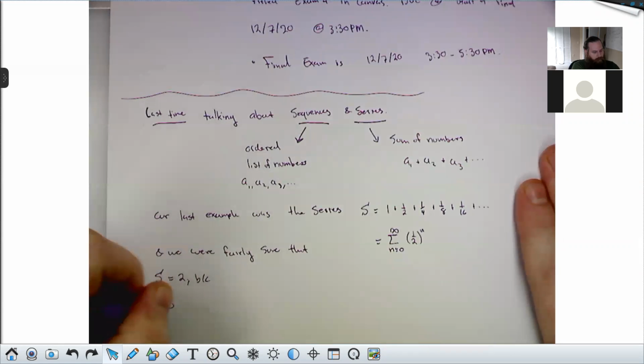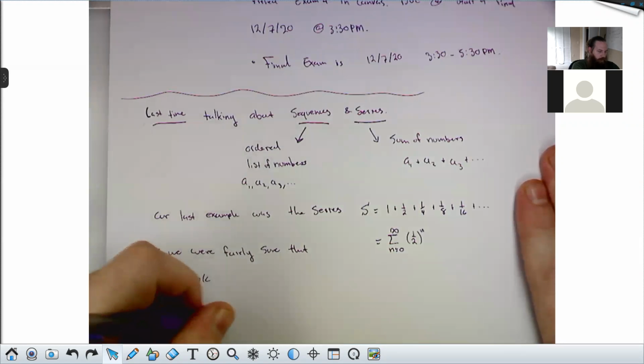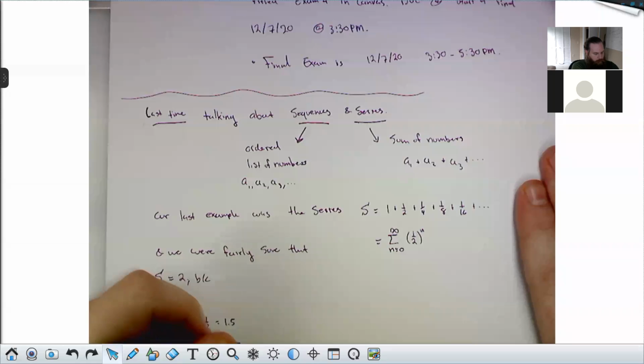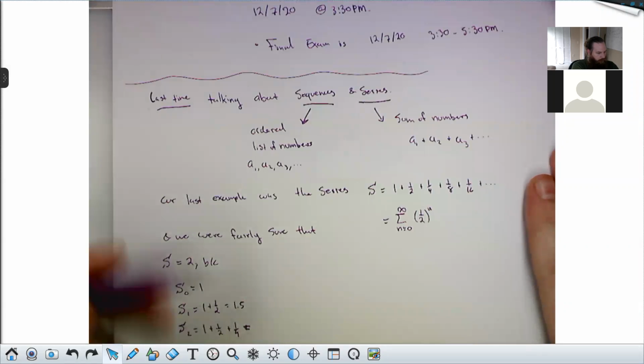Because if we looked at the sequence of partial sums, S0 was 1, S1 was 1 plus 1/2, which was 1.5, S2 was 1 plus 1/2 plus 1/4, which was equal to 1.75.